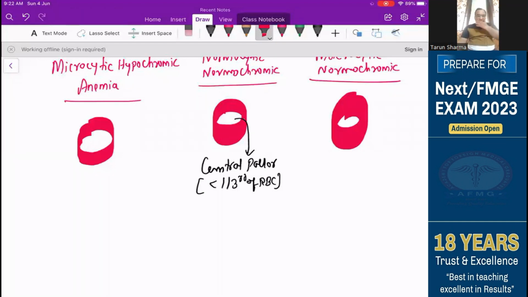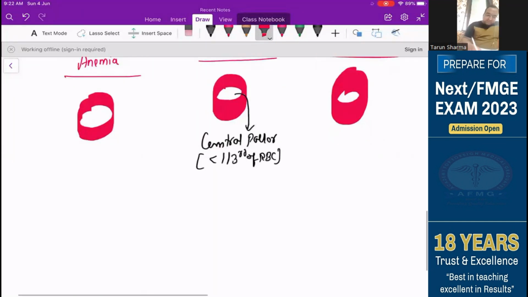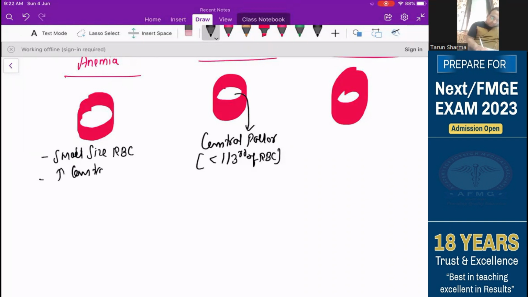So there will be a small size RBC and there will be increased central pallor. The increased central pallor equals hypochromia.